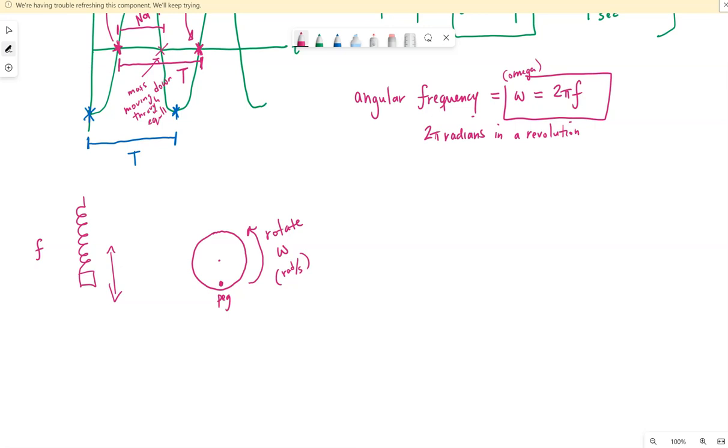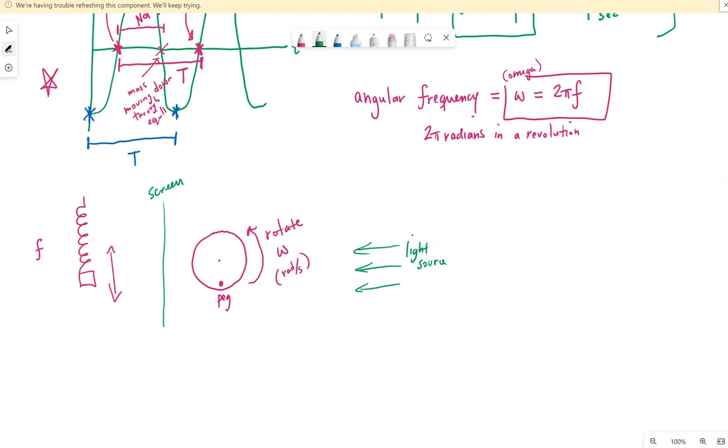So I've drawn the peg at the bottom to represent this simulation we looked at, where I pulled the mass down and released it from rest, and it oscillated upwards. So if we imagine a screen right here and some sort of light source over here shining on this disc with the peg.